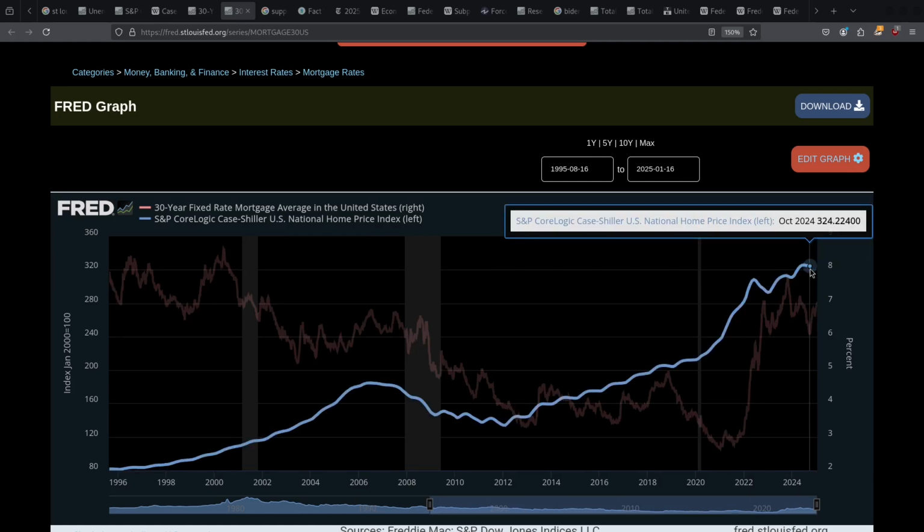So the average cost of a house in Minnesota now is $324,224, about 325% of the cost it was back in 2000. So in Minnesota, you're looking at a house price average of $396,000, basically 400K.